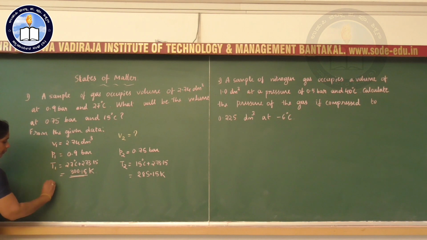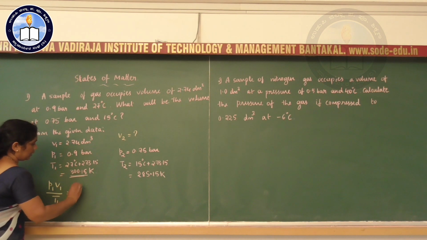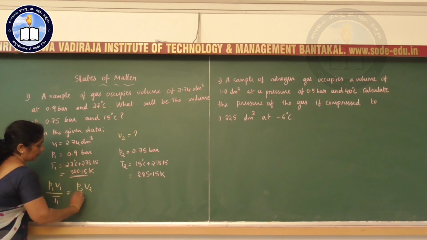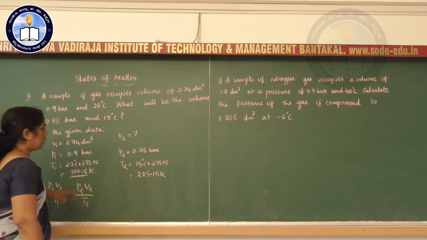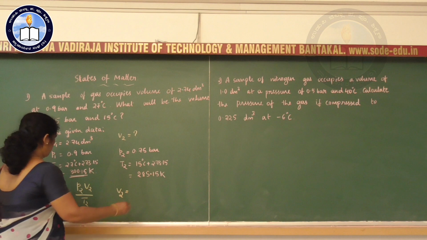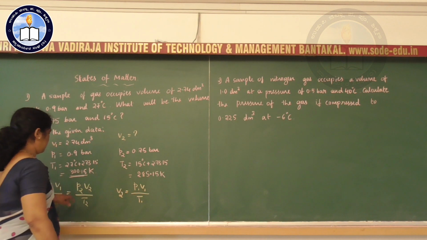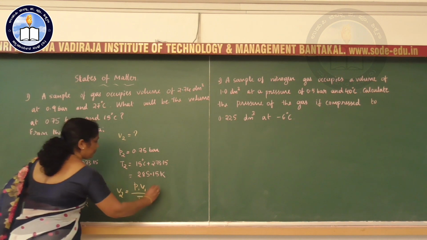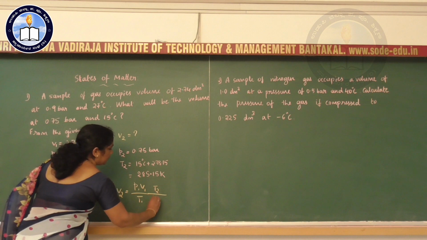We know that P1V1 by T1 is equal to P2V2 by T2. Let's substitute and then find V2. So V2 is equal to P1V1 by T1 into T2 divided by P2.